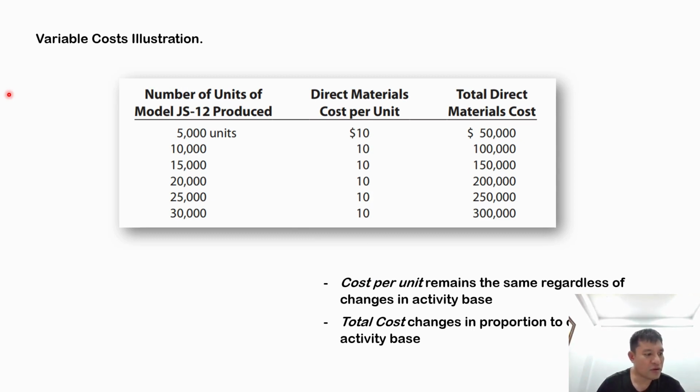So the variable costs have the following characteristics. So the cost per unit remains the same regardless of changes in the activity base. So for Jason Sound, units produced is the activity base. For model JS-12, the cost per unit is $10.